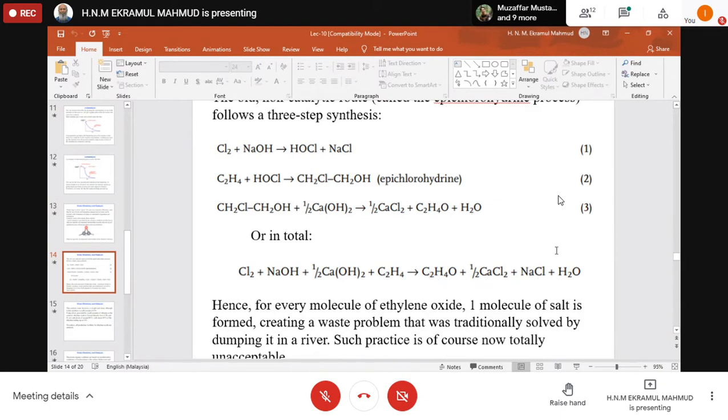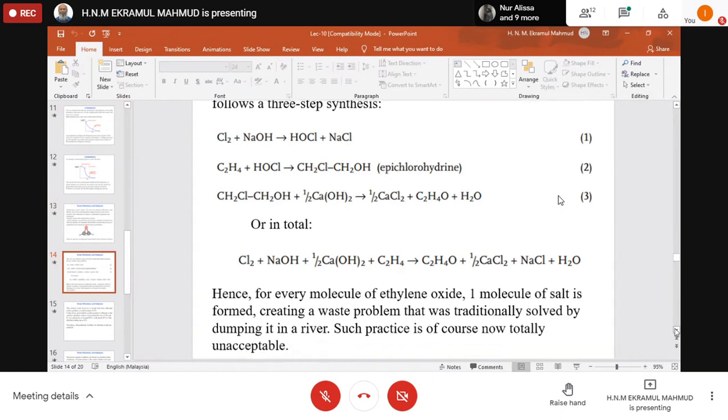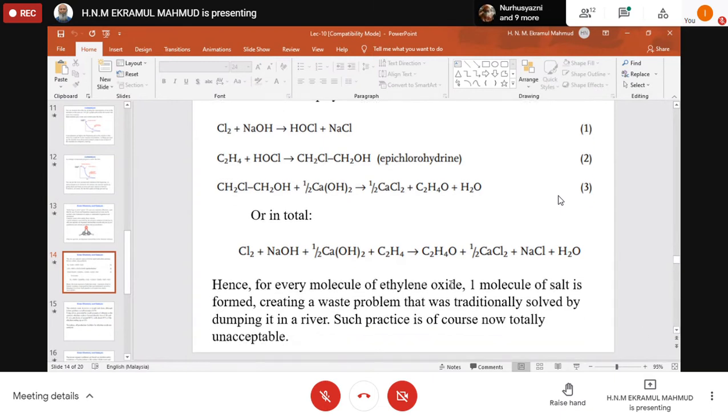So we have undesirable sodium chloride, calcium chloride coming from this. Hence, for every molecule of ethylene oxide, 1 mole of salt is formed, creating a waste problem because salt is not our desired product. So this was traditionally solved by dumping it in a river. Such practice is, of course, totally unacceptable.